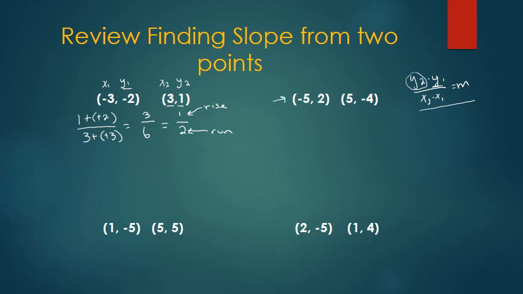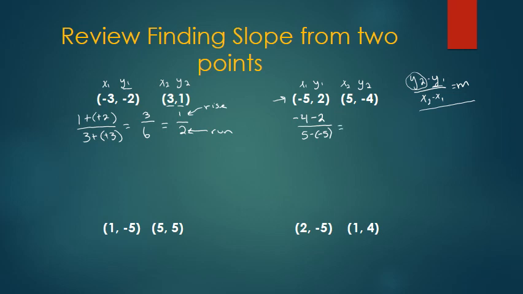(-5, 2) and (5, -4). So once again, I'm going to label my values, x1, y1, x2, y2. And now I once again plug it into the equation for m, and I have y2, which is -4, minus y1, which is 2, all over x2 minus x1.